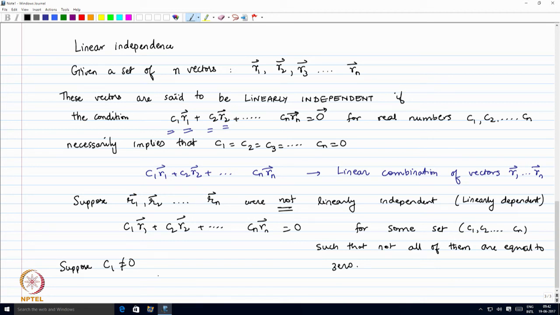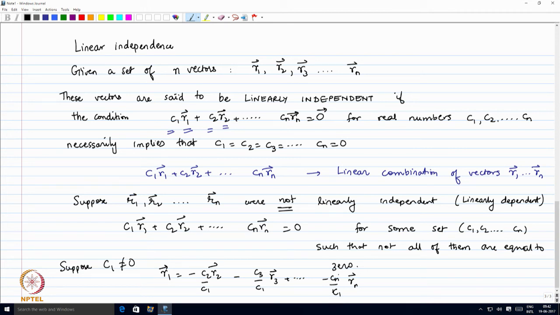Then what you could do is write R1 as minus C2 by C1 R2 minus C3 by C1 R3 and so on up to minus Cn by C1 Rn. We already said that C1 is not equal to 0. So, C2 by C1 is a real number, C3 by C1 is also a real number and so on.